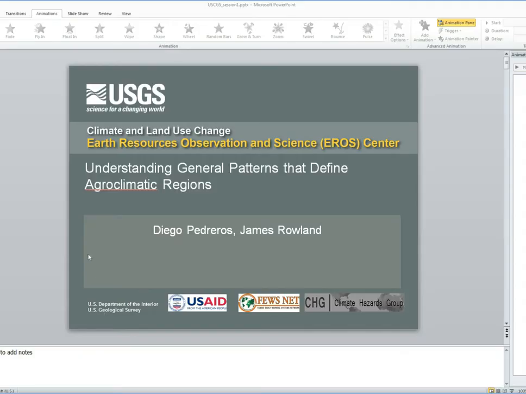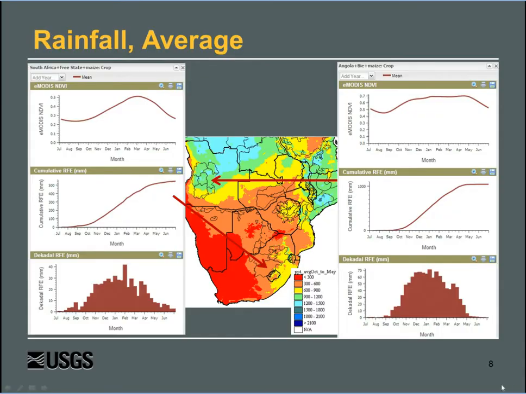We already talked about the rainfall climatology, the rainfall patterns during the year, and now we're going to look at this region right here in Angola, and we see it's a pretty similar pattern. It starts in October, goes all the way to May.